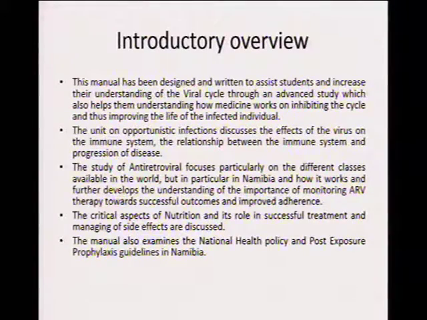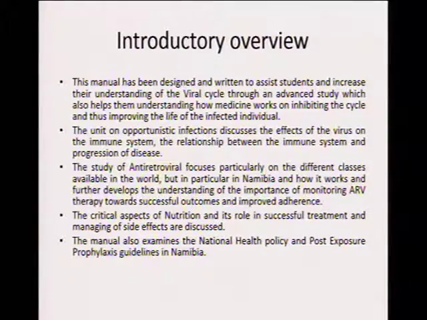Introductory overview. This manual has been designed and written to assist students and increase their understanding of the viral cycle through an advanced study, which helps them understand how medicine works on inhibiting the cycle and thus improving the life of infected individuals. The unit on opportunistic infection discusses the effect of the virus on the immune system, the relationship between the immune system and the progression of disease.